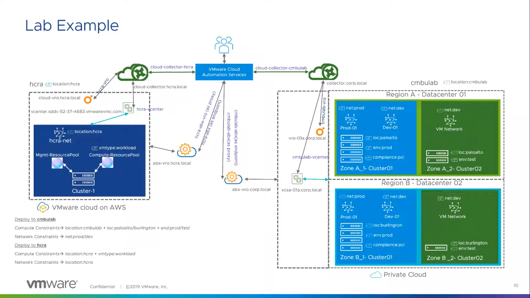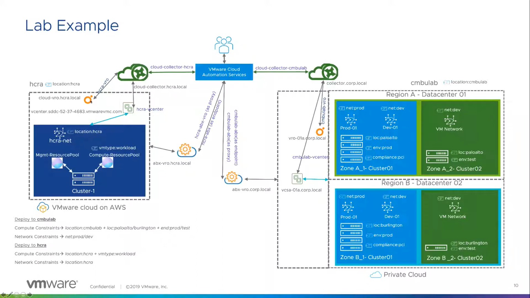And this is how my lab environment looks. The lab environment, the example that I'm going to show. So I have VMware Cloud Automation Services, and then I have two separate environments. They are completely separate. One is HCRA, there's a vCenter out there, and both of them are vCenter based. One is VMC on AWS, another one is on-prem.